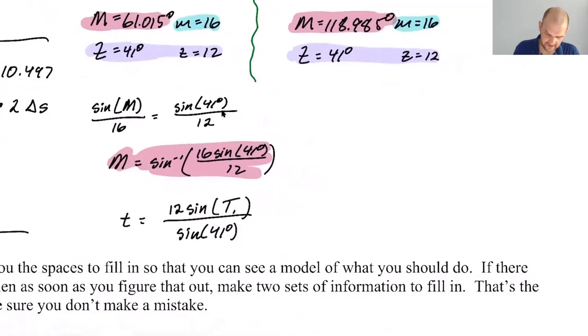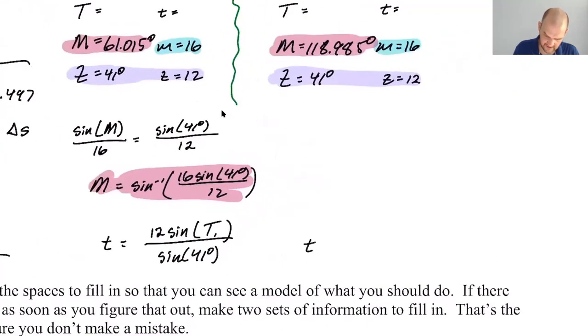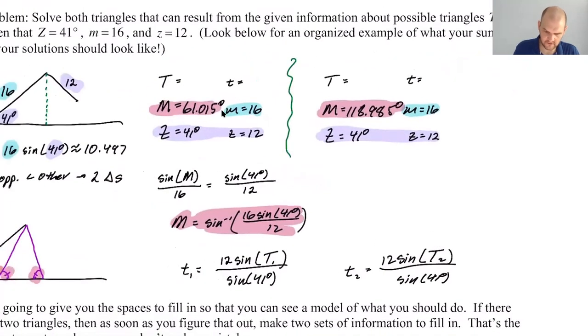And over here, we'll have the same thing where t sub 2 is going to be 12 sine of t2 over the sine of 41. I'm always eager to get to the answer, so my work gets bad. So this will give me this, and this is going to give me this.